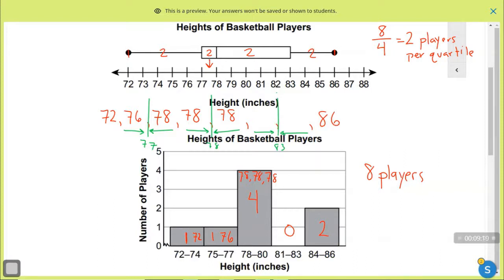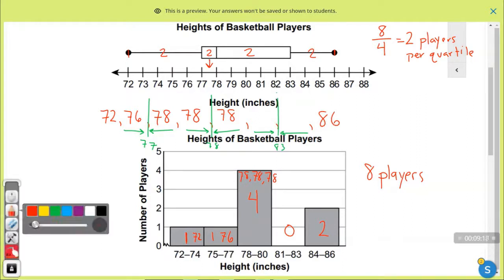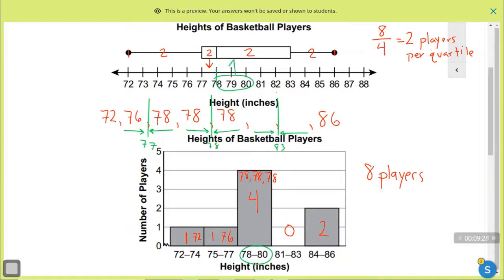And if that's the case, now I need to go to my upper quartile to see if I could have another 78. If I have 78 in here, which is possible, it could be anything between 78 and 80. Here I see it could be between 78 and 80. These two values between 78 and 80 are able to exist in there.